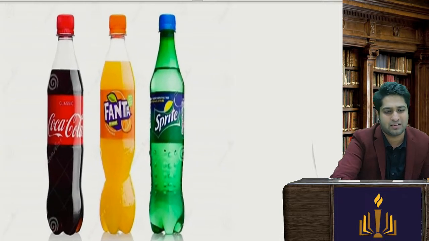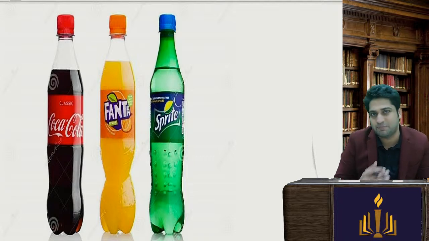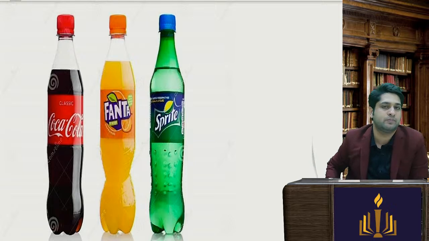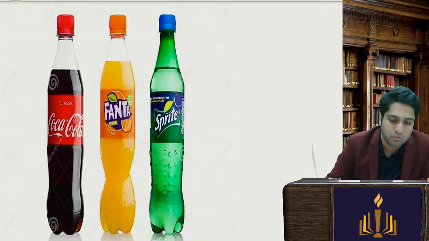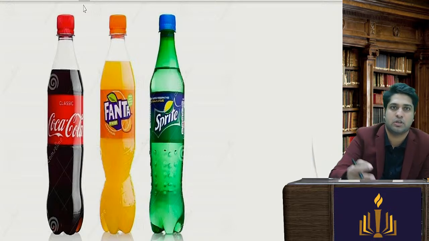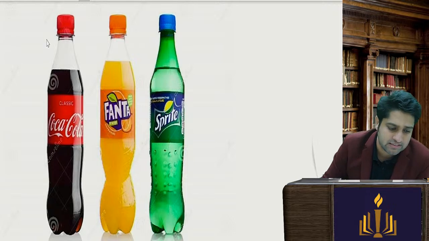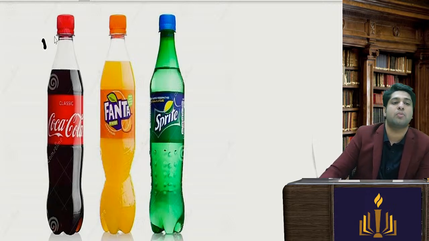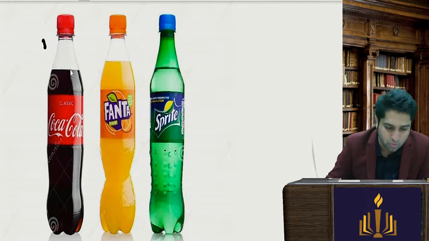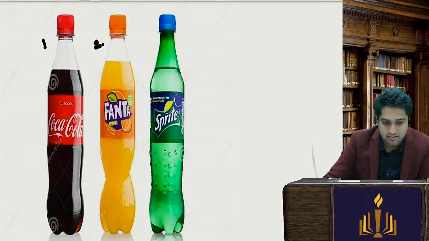Now when we look at designs, almost every aspect of designs is there in almost every article. Even today, look at the shape of these soft drinks. You will see that a Coca-Cola bottle, even if you remove the cover, you will be able to identify that this is of Coca-Cola. You will be able to identify this is of Fanta.